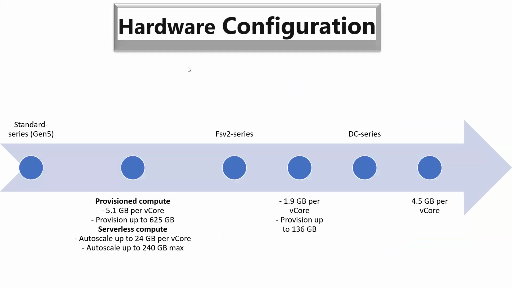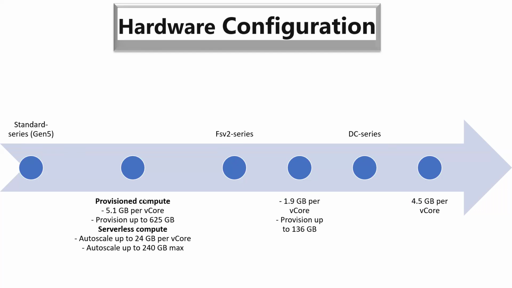Okay, so I told you, right, we have different hardware configurations. We have three types of hardware configurations in the vCore model. This is vCore model only. Standard series Gen 5, FSV2 series, and DC series. In standard series, we again have provisioned compute and serverless.